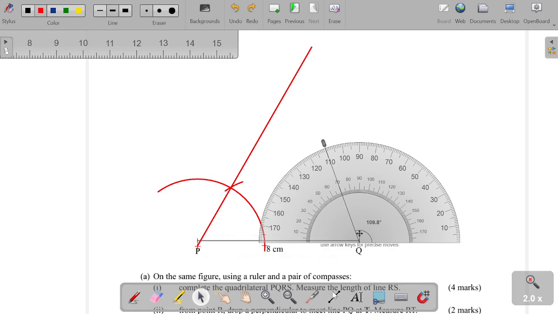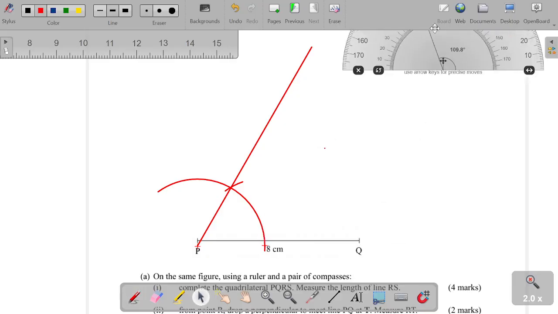So I want to make 70 degrees. I want to construct 70 degrees. This one I've measured. So 70 degrees is that way.